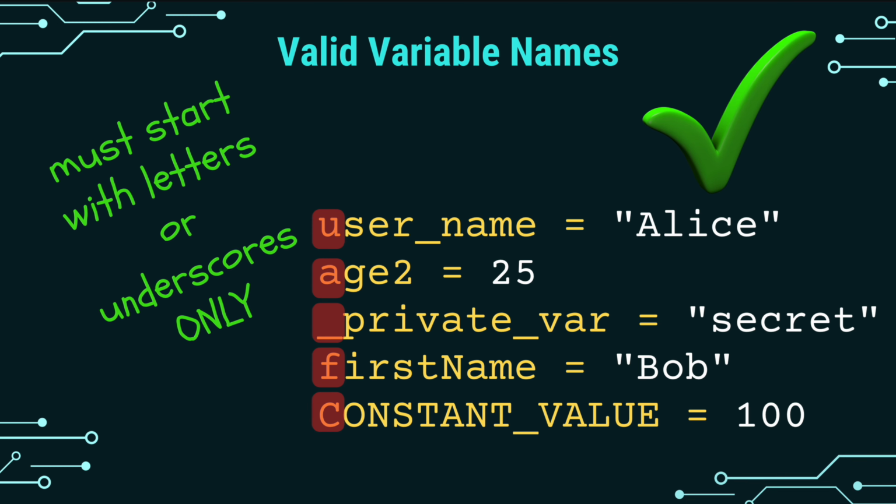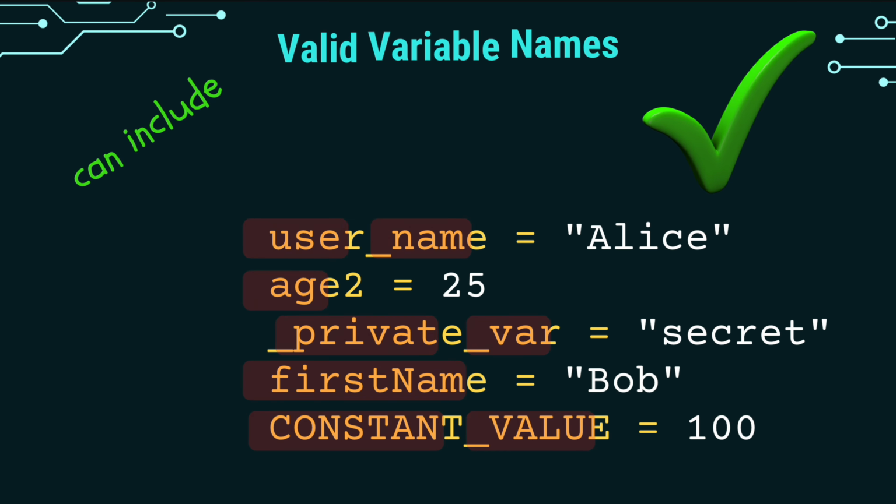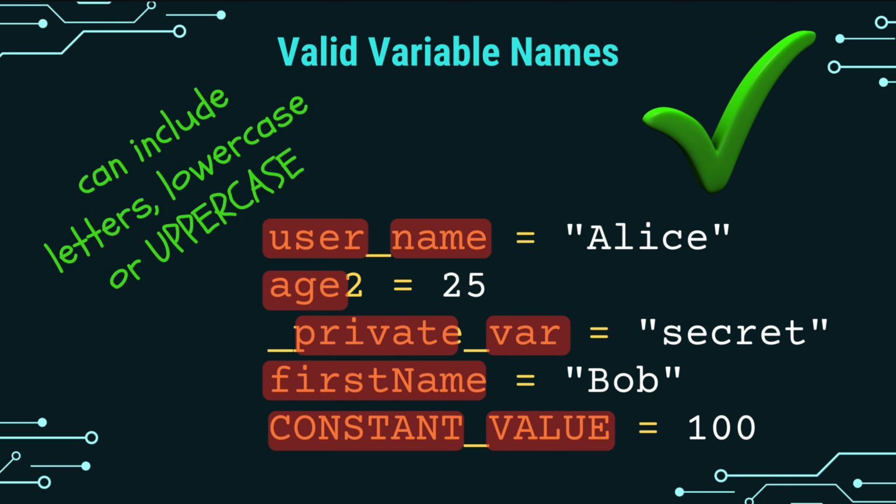The first and most important rule for character validity is that variable names must start with either a letter or an underscore. That's it. Any other character at the beginning, like a number or a symbol, will cause an error. After that initial character, your variable name can include any letters, both lowercase and uppercase.